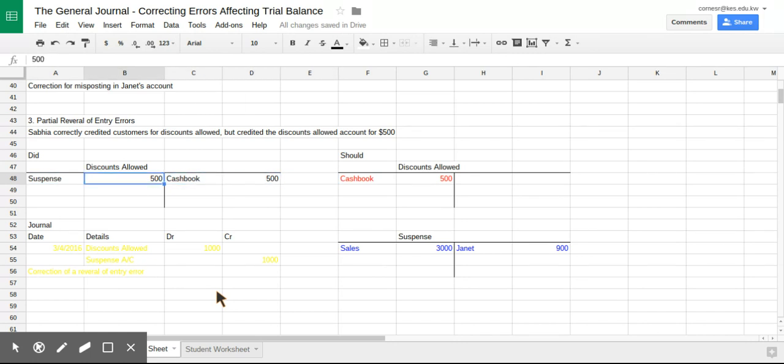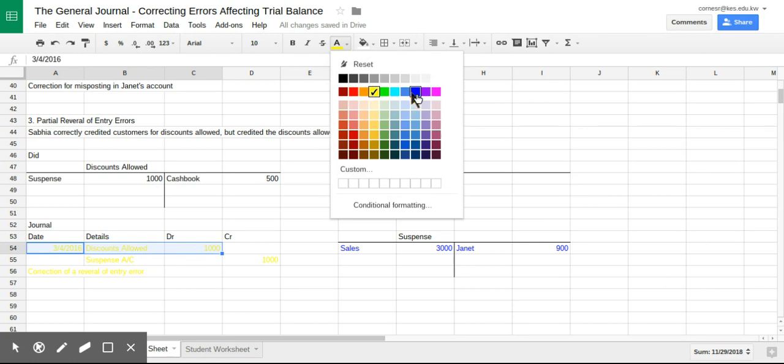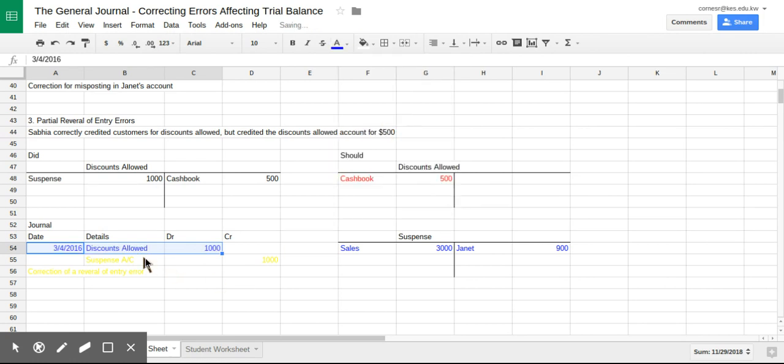So what we actually need to do is double the error because it was put on the wrong side. We need to put in one lot of 500 because that first lot of 500 cancels out the 500 we put on the credit side. And then we need to put in another lot of 500. So we've actually got a debit balance of 500 in the account. So the total has got to be 1,000. So we're going to debit discounts allowed by 1,000.